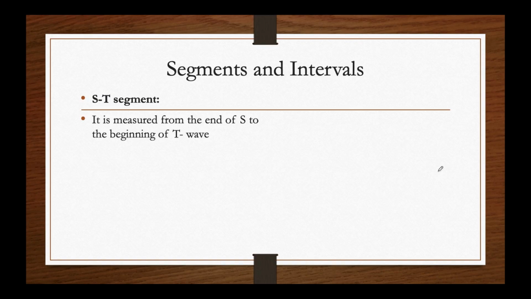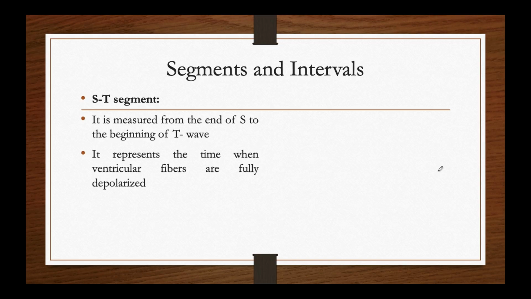So we measure it from the end of S to the beginning of T. So the ST segment starts at the end of the QRS complex and ends at the start of the T wave, and it usually represents the time when the ventricular fibers are fully depolarized. So it represents the time when the ventricular fibers are all depolarized and they all contract.